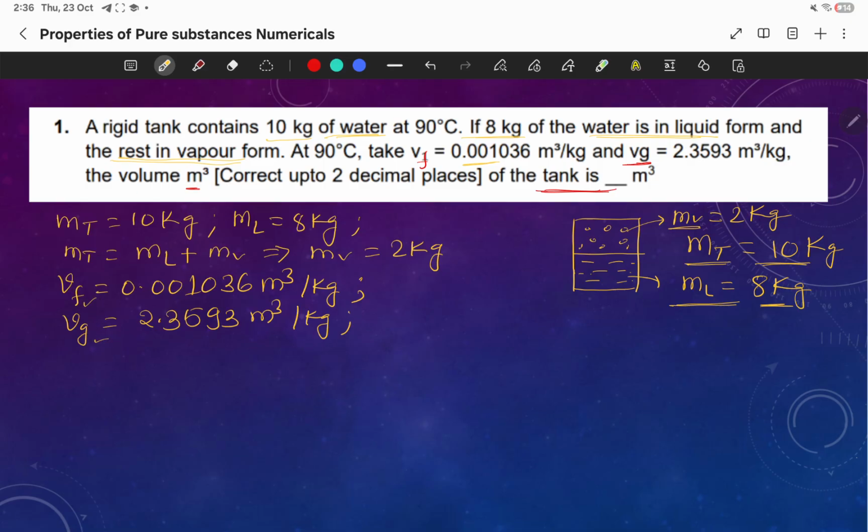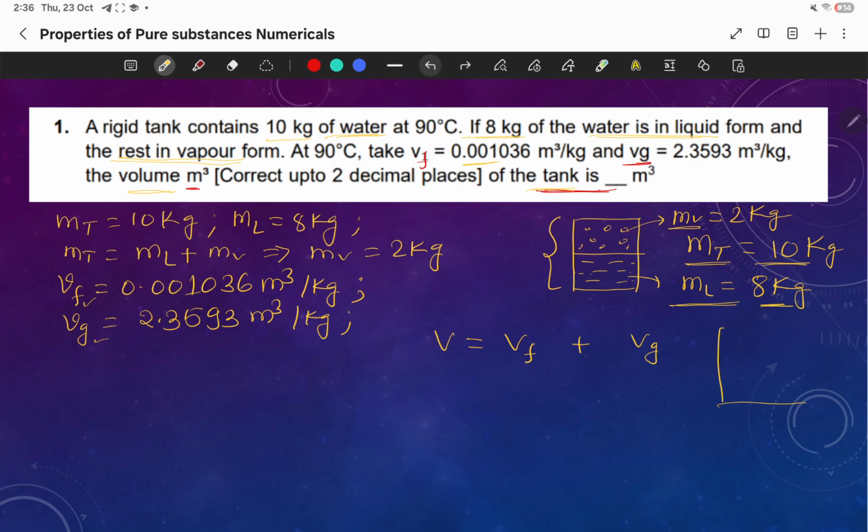Now it is asking the total volume of the tank. So guys, this will be volume of liquid plus volume of vapor. Okay, so I think this will be in the wet region.